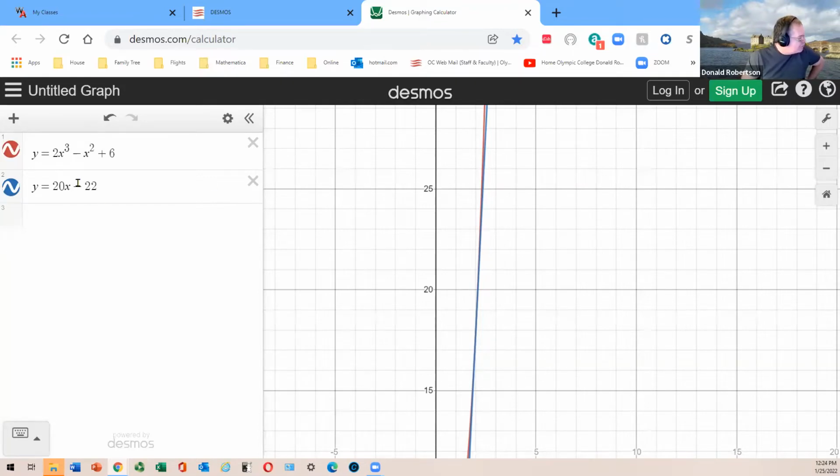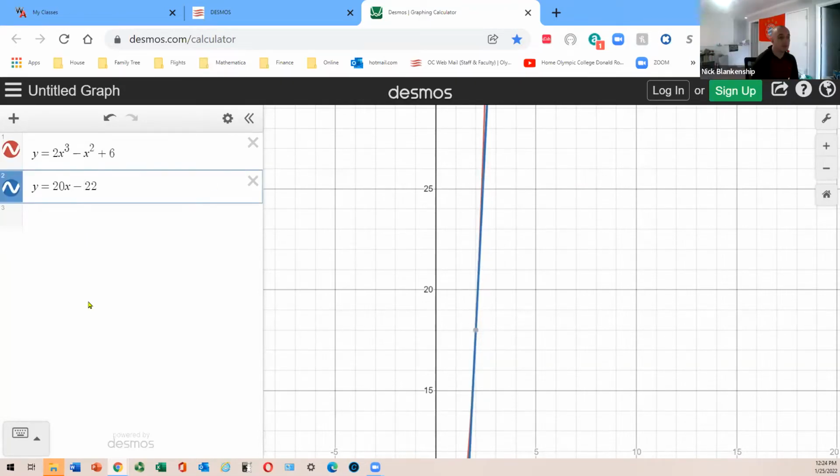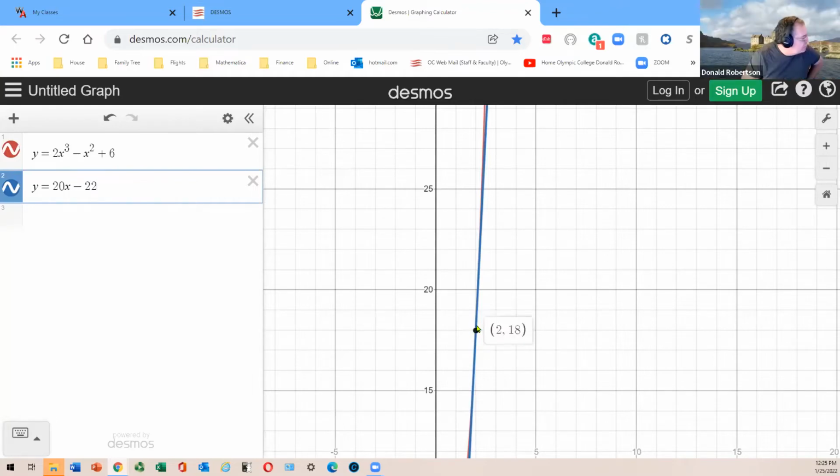But I can definitely tell when I'm wrong. You can click and drag at the point and see the little point there, at 2, 18. So it kind of knows, even if you can't see it, that the tangent line is there.